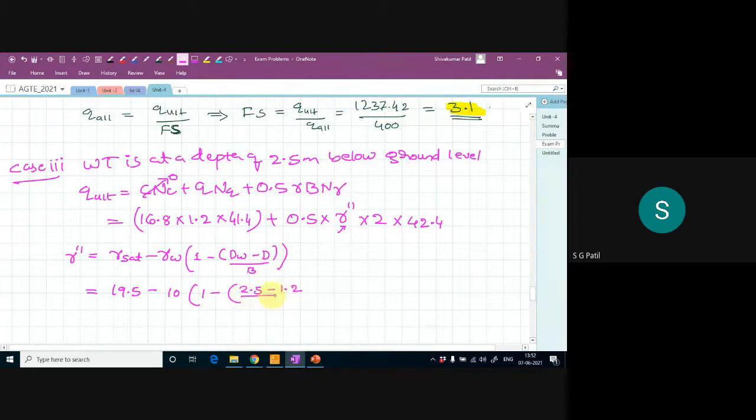And the width of footing is 2 meters. How much are you getting for this gamma double dash? 3.32?